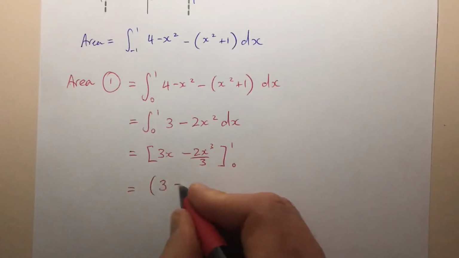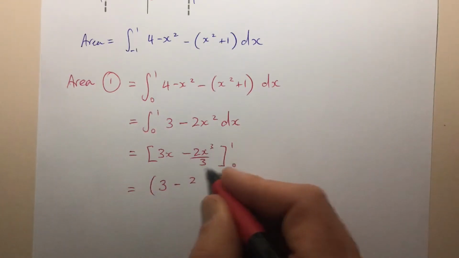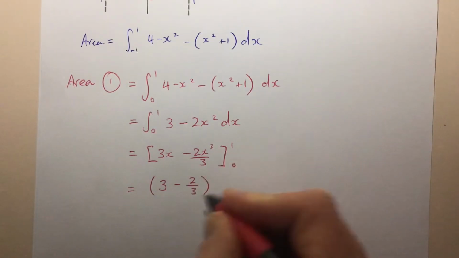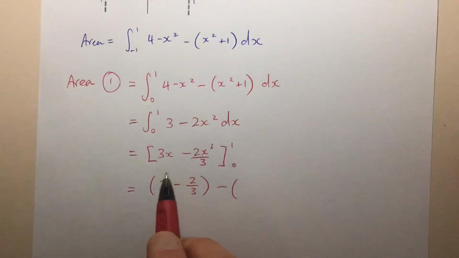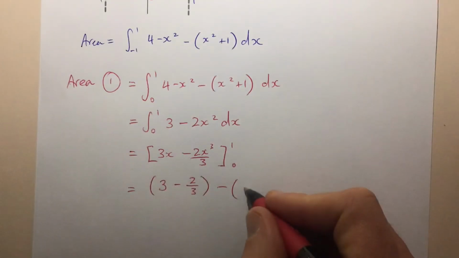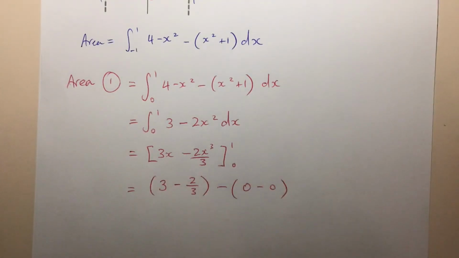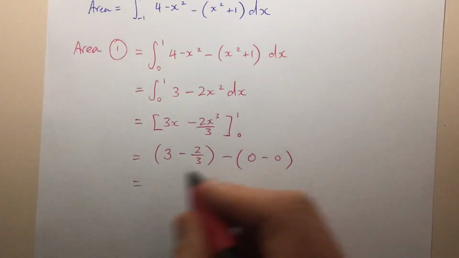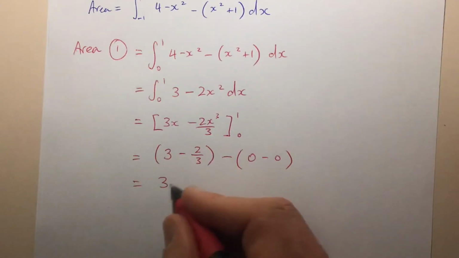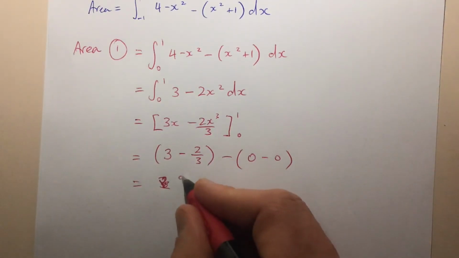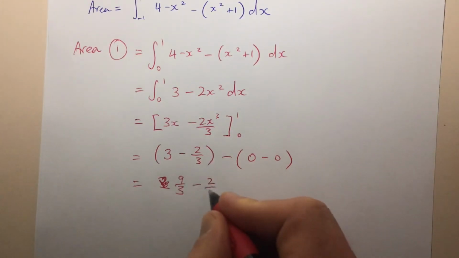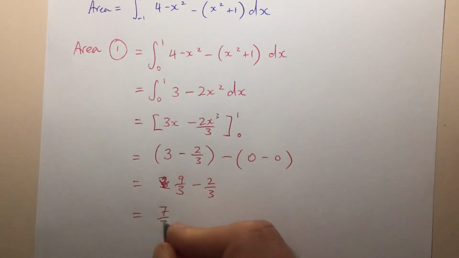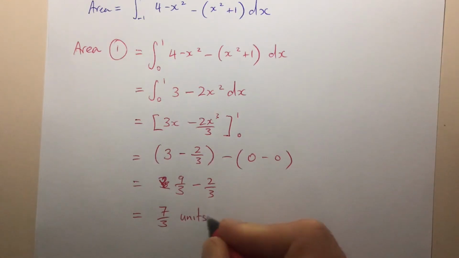That gives us 3 minus 2 times 1 cubed, so just 2 times 1 over 3. Minus, and subbing in 0 gives us, well, first and second terms both become 0, so 0 minus 0 in that second bracket. So really we're just working out 3, well, it's 3, but let's call it 9 on 3, minus 2 on 3, which equals 7 on 3 units squared.